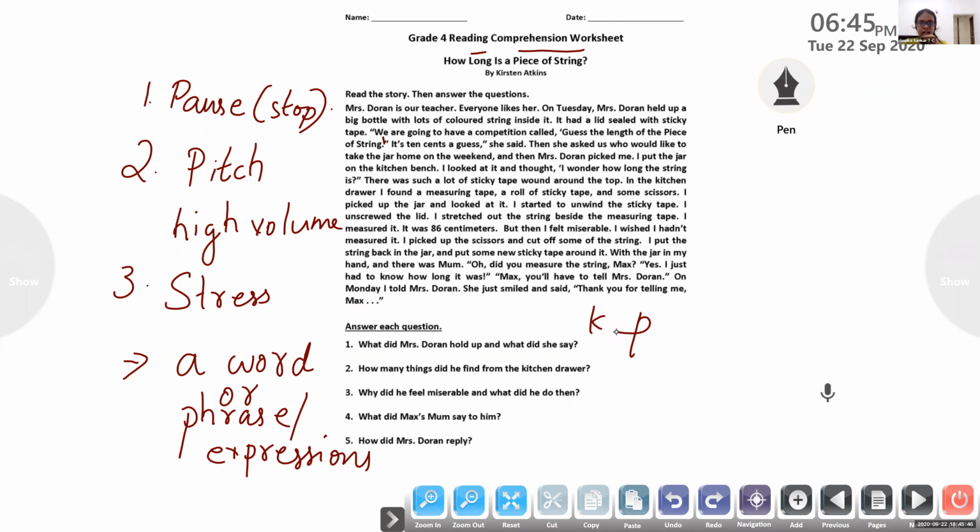It's 10 cents a guess, she said. Then she asked us who would like to take the jar home on the weekend. And then Mrs. Doran picked me. Picked me. Mrs. Doran. So here, if you apply pauses just before these complicated sounds, this is also another technique. Whenever we feel we need to work on certain sounds, we purposely create a pause just before that particular word. Then think what change I need to bring in here, then change it.